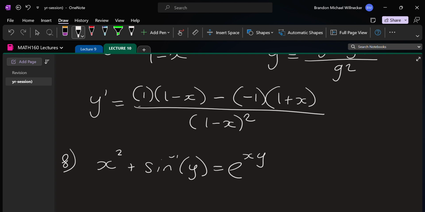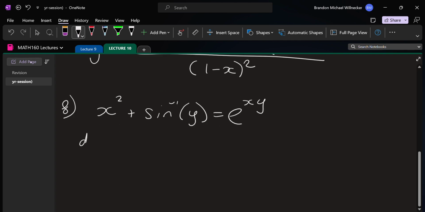So it's not y equals something, y is quite mixed in with the equation. So we're going to have to use implicit differentiation. Okay, again, I'm just going to give you the question. I'm not going to tell you what to do. You just need to know if it looks like this, the y is mixed in, it's implicit. If it's y equals something, then it's explicit.